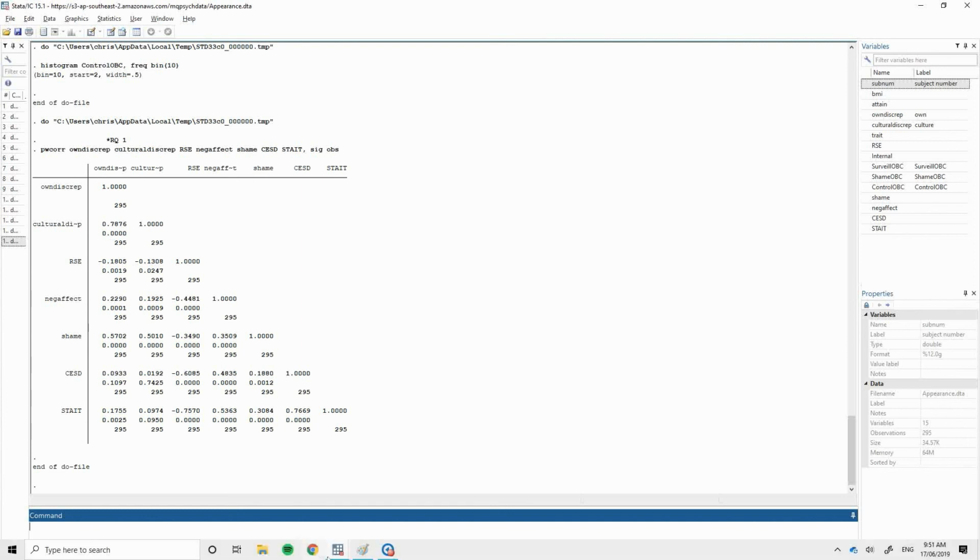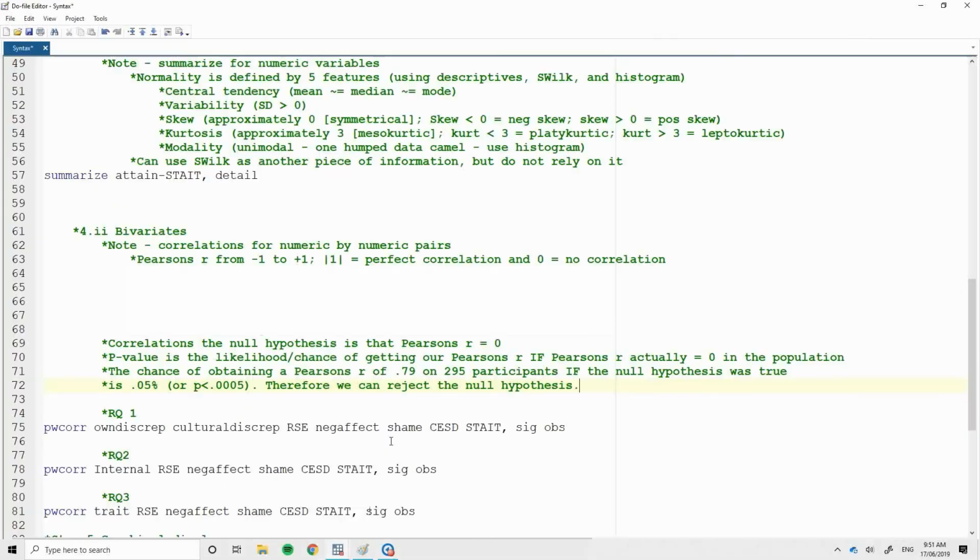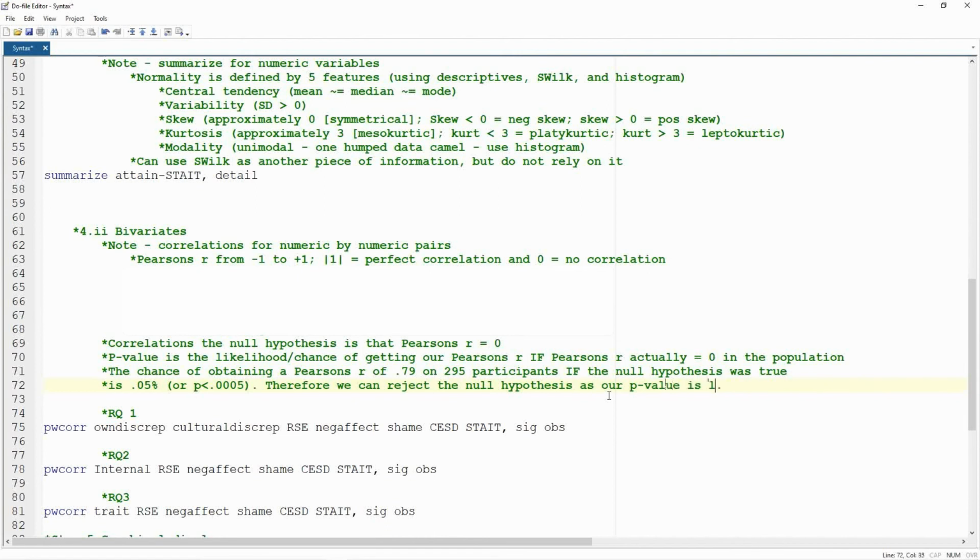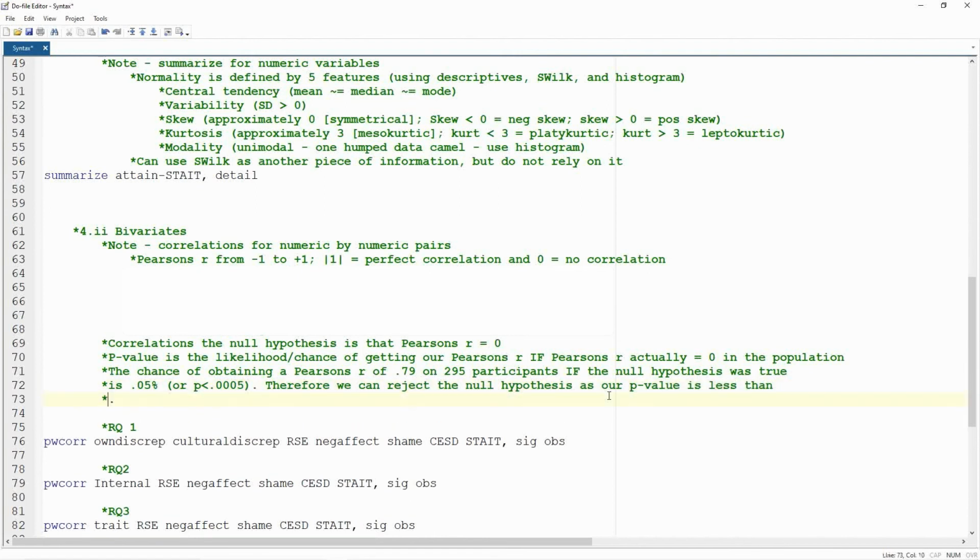So I guess something that you could add into your conclusions then is therefore we can reject the null hypothesis as our p-value is less than our definition of sufficiently unlikely, i.e. p equals 0.05. You could even say sufficiently unlikely, which is 5%.